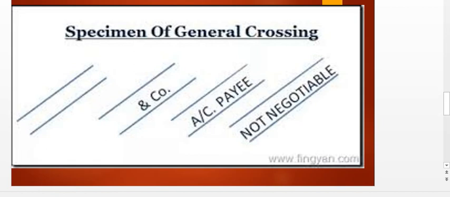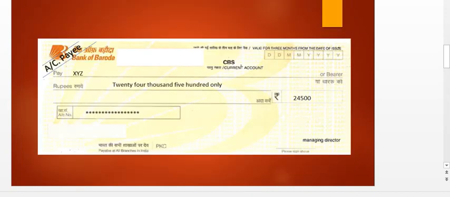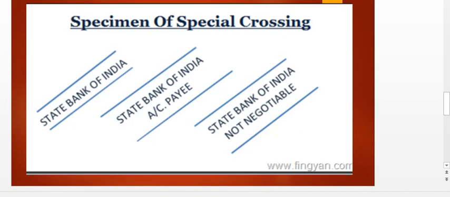Now I have something called special crossing. Look at the special crossing, friends. For example, State Bank of India account payee, where I am making a check to you. My check is Bank of Baroda, the check I showed you. I have mentioned State Bank of India, which means only the payee's account in State Bank of India will be credited with the amount.